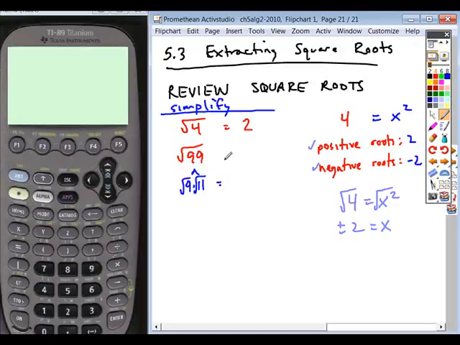What is the square root of 9? 3. And can the square root of 11 be simplified at all? No. Now, do the numbers that remain inside square roots have to be prime numbers? No. They can be composite numbers, or numbers that have factors. They just can't have any perfect square factors.